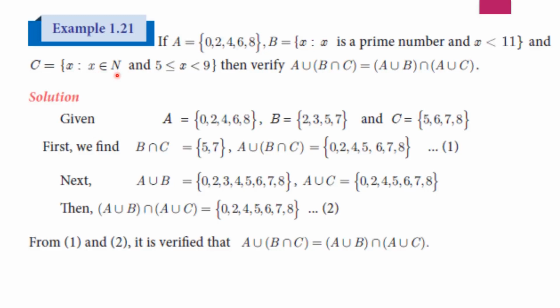Yes, 1, 2, 3, 4, 5, 6, etc. Isn't it? And 5 less than or equal to x less than 9. That means the x value lies between 5 and 9. Here the equal to symbol is given, so you have to include this 5 but less than 9. Then verify A union B intersection C equal to A union B intersection A union C.